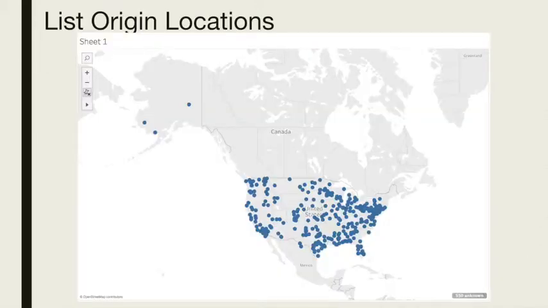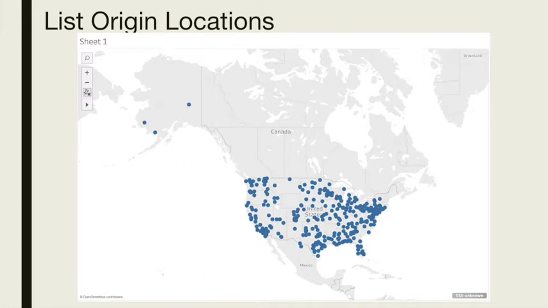Now this graph is a list of origin locations, and I did this by inputting the data into Tableau, and I was able to use their geomapping feature to pinpoint where all the locations are of flights that have taken off in the United States.